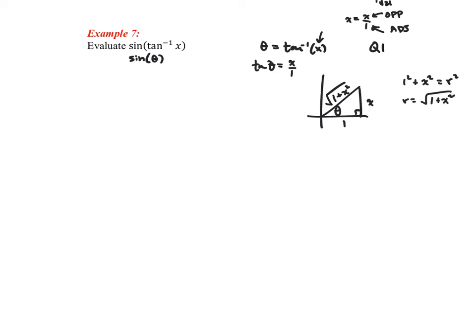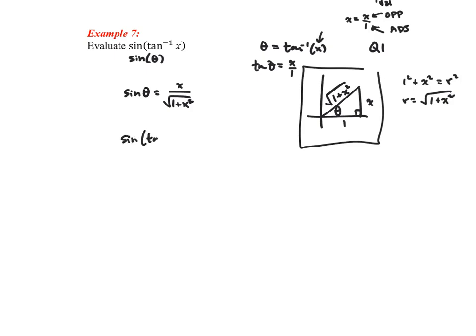So now I've got a triangle I can work with. Now the sine of theta would be the opposite over hypotenuse in our sketch. Opposite is x, hypotenuse is square root of 1 plus x squared. And there you have it. The sine of the inverse tangent of x is equal to this expression.